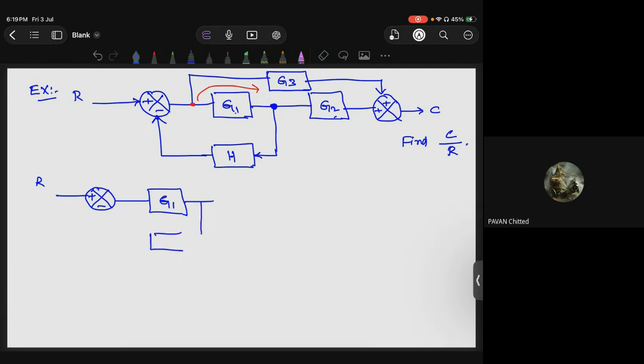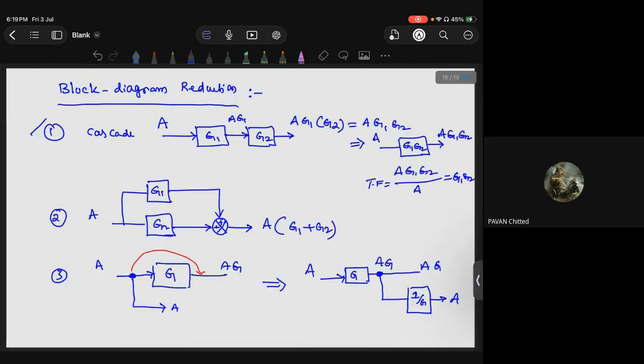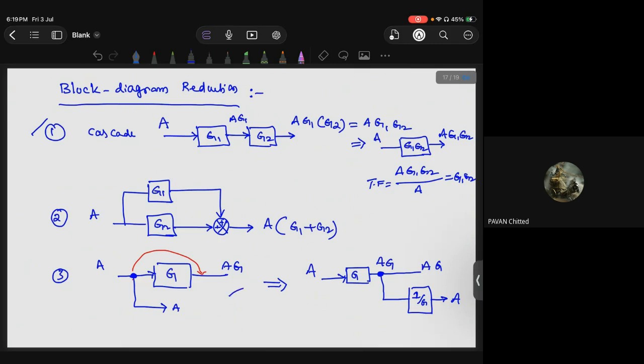So this is H. So this point is V2. Here we have plus plus C. Now we wanted to shift. So what will happen? Shifting the point before this one.